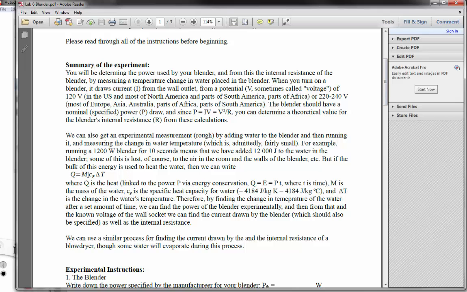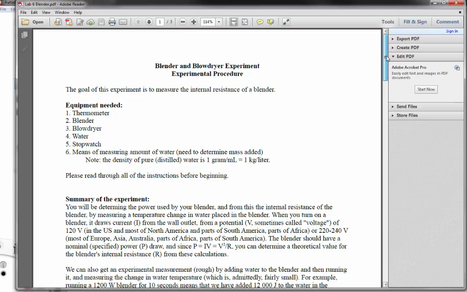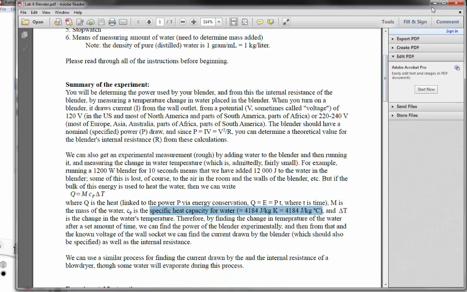Okay, so here's our heat equation. Oh, hey look, specific heat capacity for water is this. So you don't even really have to go to the textbook to look it up. You can look it up in the handout. And I think most of you did that because it seems like that particular question most people did well on, according to the analytics. In any case, the specific heat capacity for water is 4,184 joules per kilogram Kelvin.